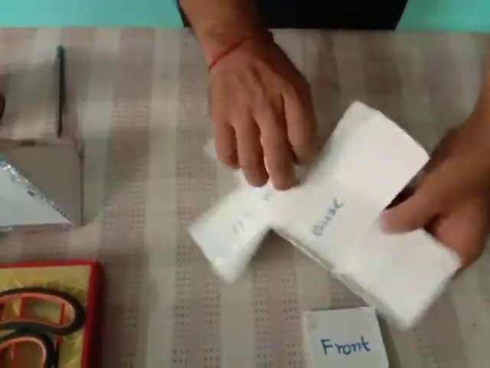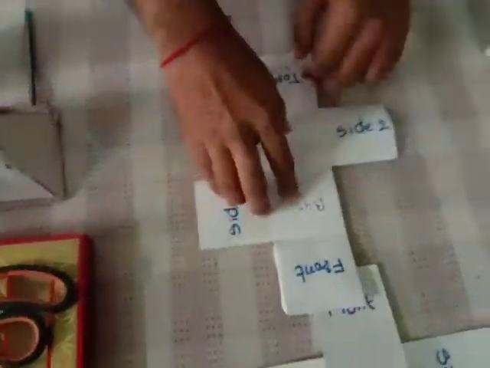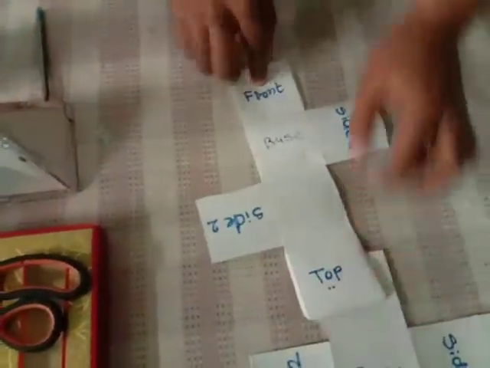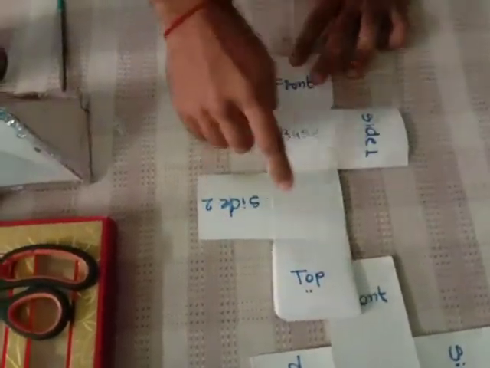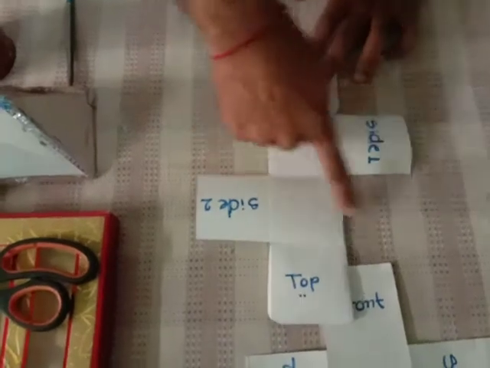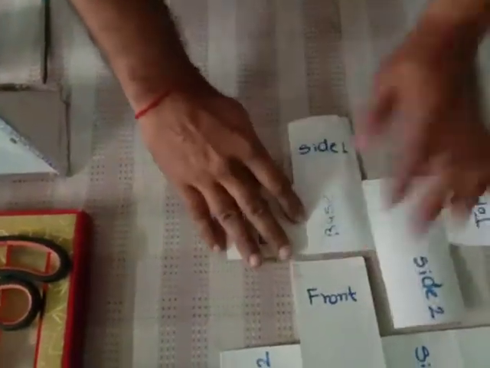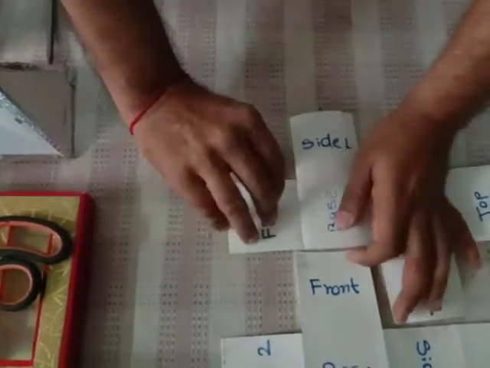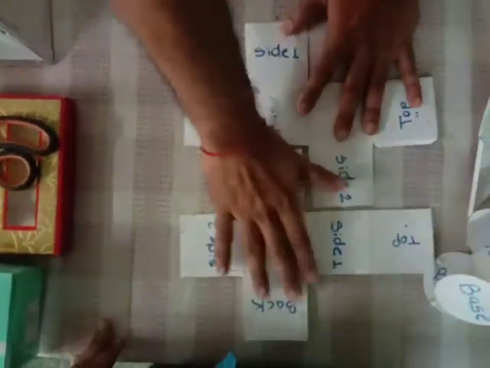All these 6 faces, front, base, side 1, side 2, top, and rear or back, are attached to each other, but in a different manner, and this is also a possible net of a cube. So we have 2 possible nets of a cube.